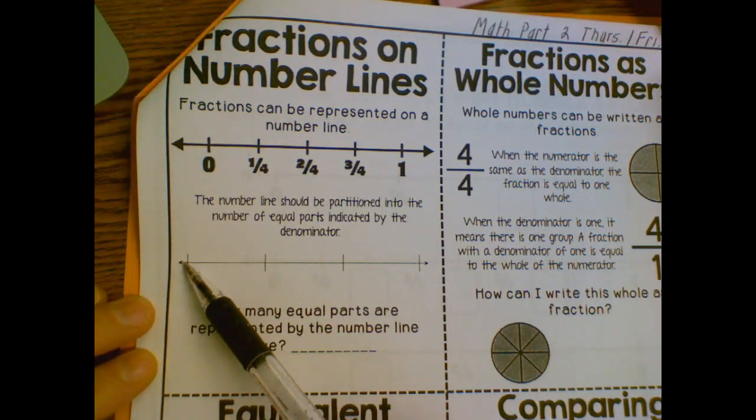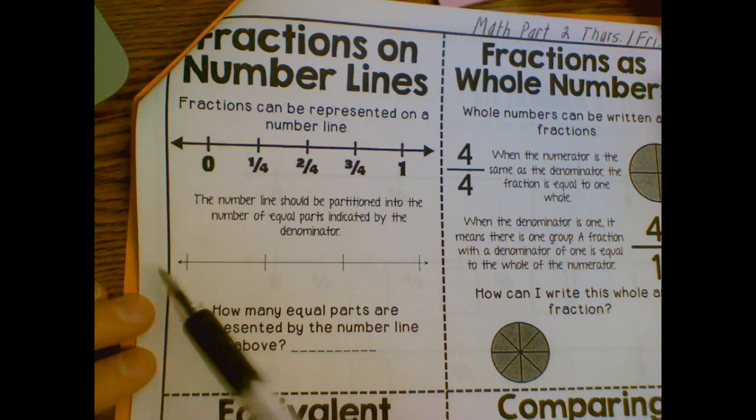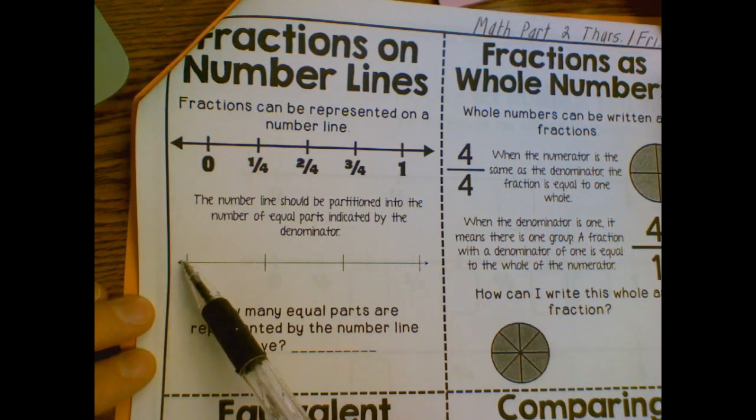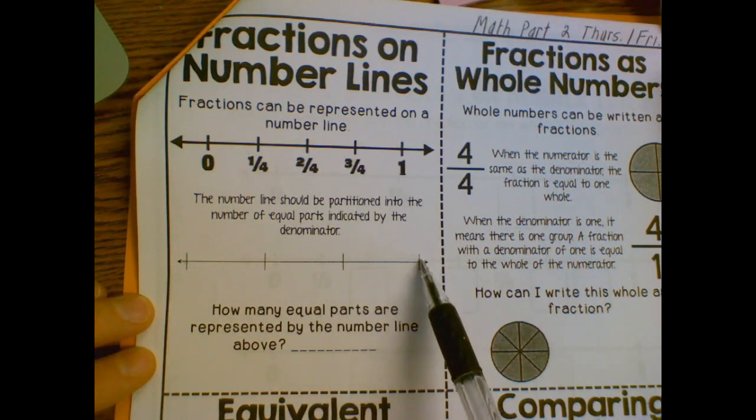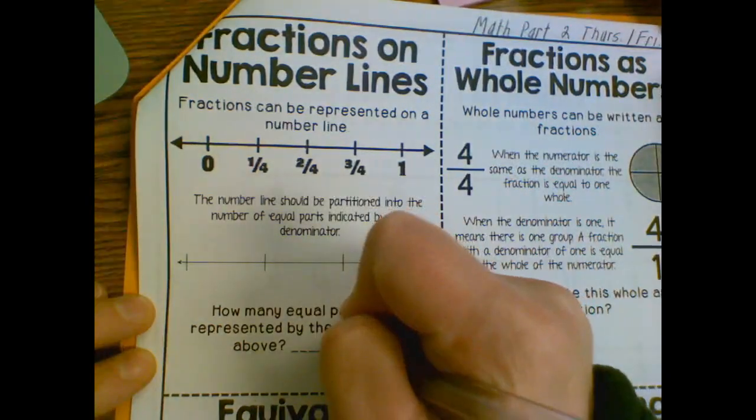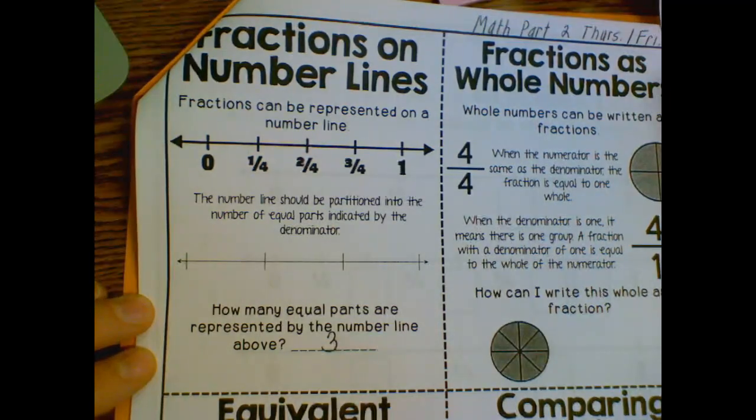How many jumps forward does it take you to get to this end line? So let's see. 1, 2, 3. So that means there are 3 equal jumps, meaning the jumps are equal in length, okay?